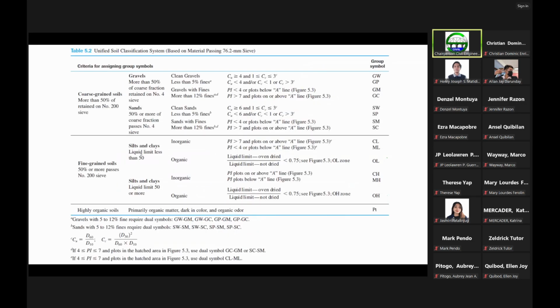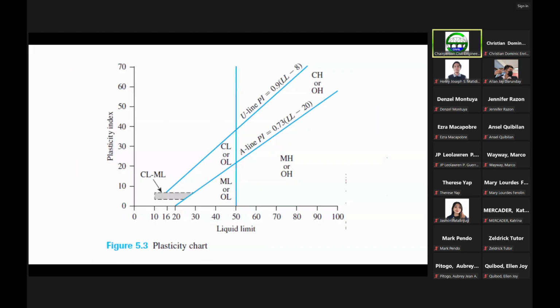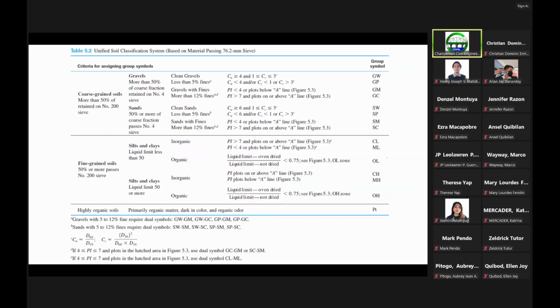Then we can call it OL, the low plasticity organic materials.